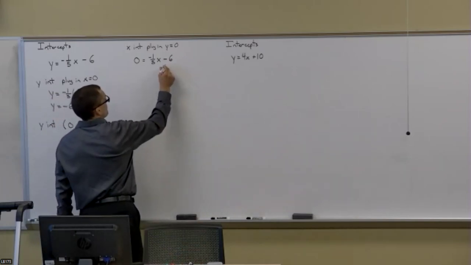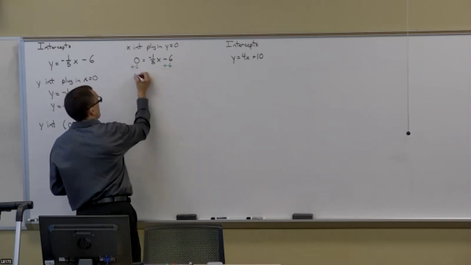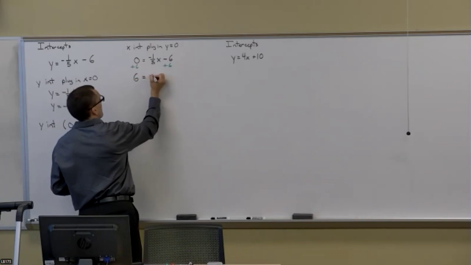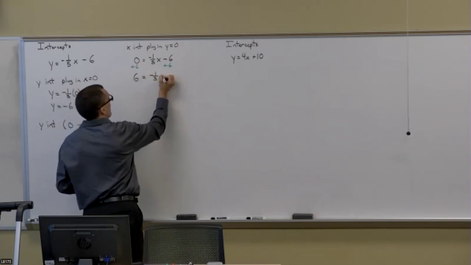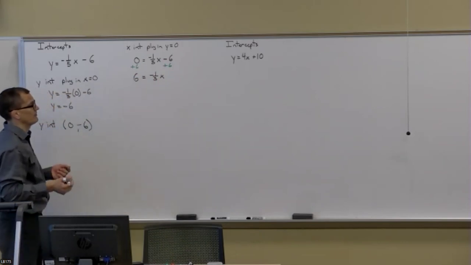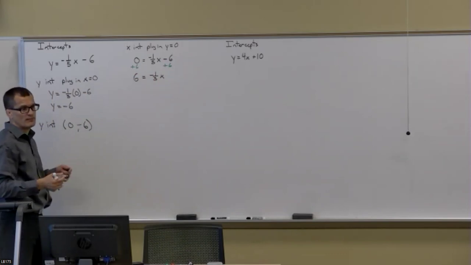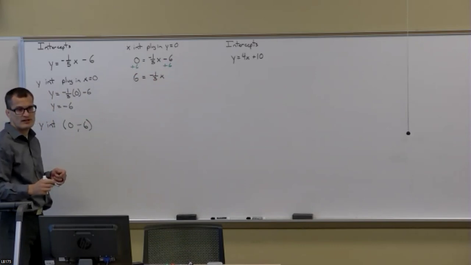We've solved equations like this before, so add 6 to both sides. And then you can either phrase this as divide both sides by a -1/5 or multiply both sides by -5. Doesn't matter how you do that.